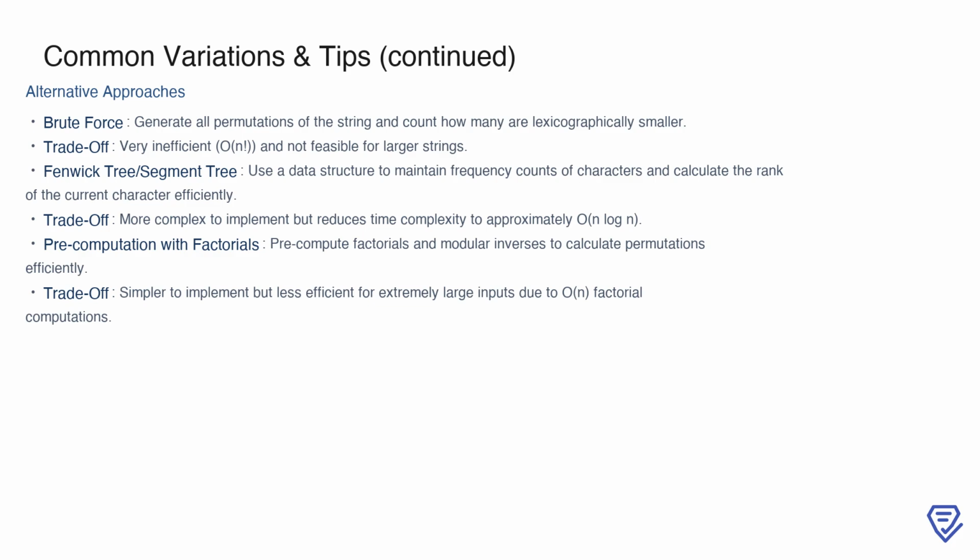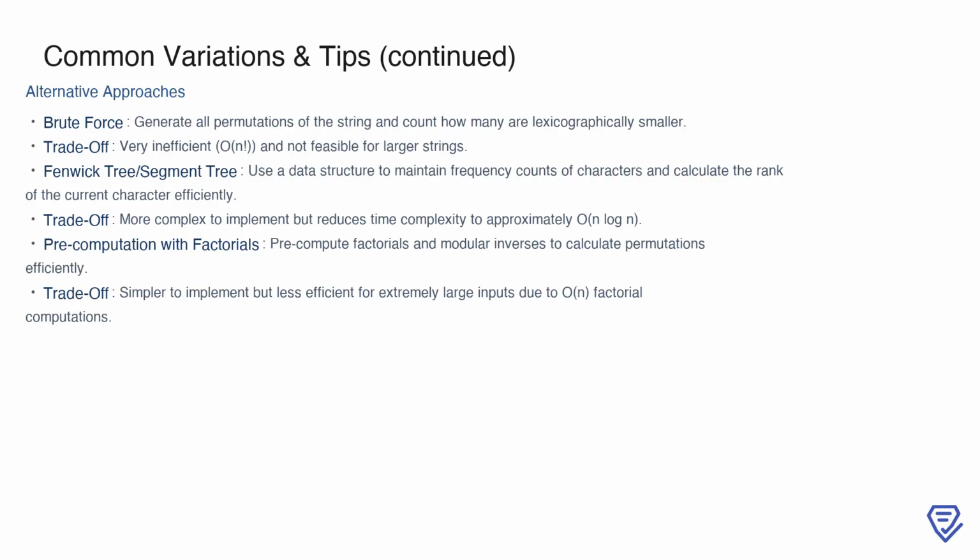These data structures allow you to maintain frequency counts of characters, enabling you to calculate the rank of the current character efficiently. This approach significantly reduces the time complexity to roughly O(n log n), but it does come with added implementation complexity. For a balance between simplicity and efficiency, pre-computation with factorials is another viable option.